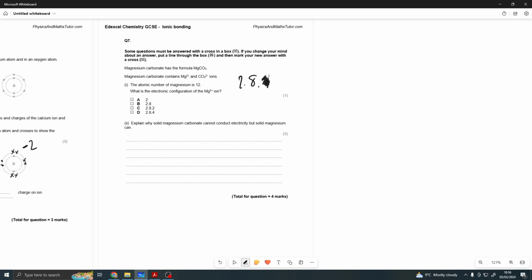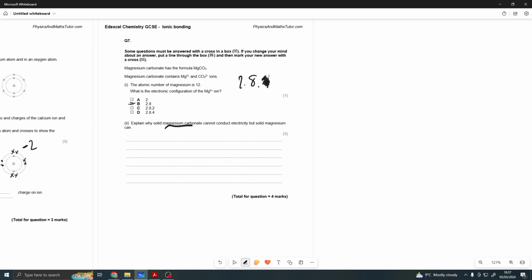We're losing those 2 electrons, so what's left is just 2,8. So it's B.